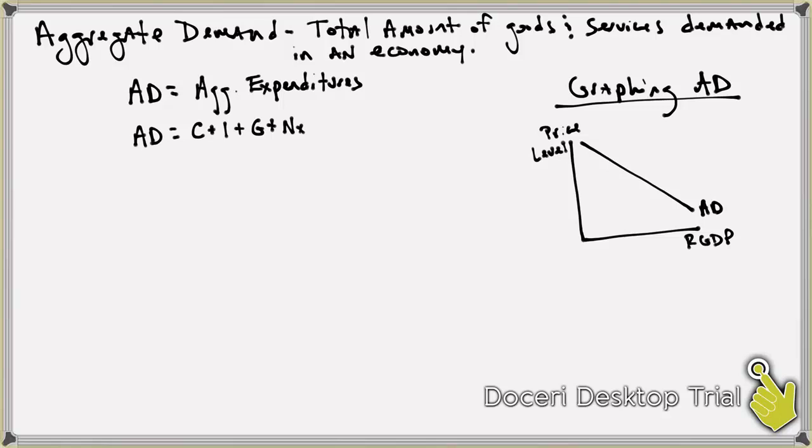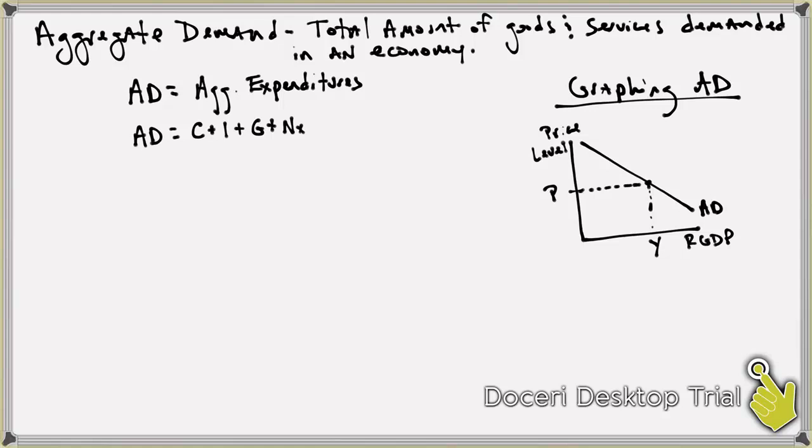So what that means is if we have a price level P, let's say, at that price level, we can see how much stuff would be demanded, and that determines our economy's output, which we label Y, which just represents the real GDP for our economy. So as the price level changes, the amount that we're going to demand changes, and that's going to impact the GDP for our economy.